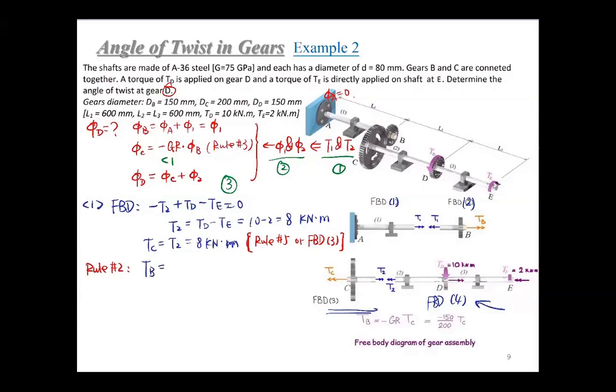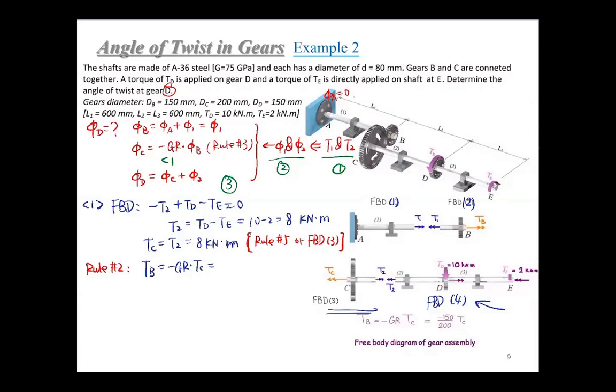Again, we'll just use our golden rule, negative gear ratio times TC. Which one is larger, torque B or torque C? B is a smaller gear, so it will always have smaller torque. So this gear ratio will be smaller than 1.